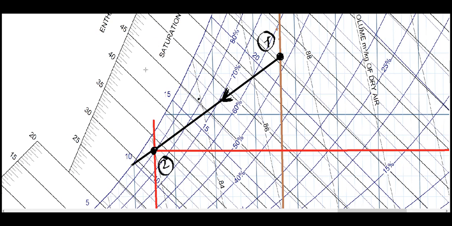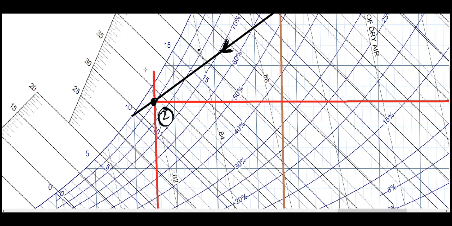We're drawing a straight line starting from point 2 until we reach the saturation curve. So this is now your saturation curve.